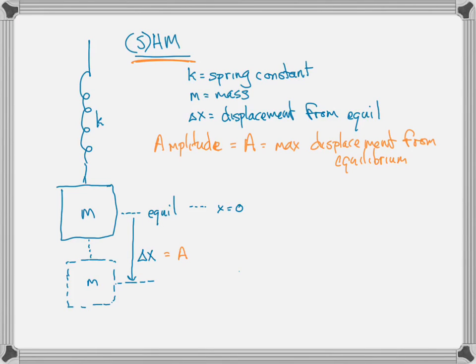So the mass is just going to move from there to the same distance above and back and forth. If there's no friction, it'll move up and down and up and down. But in between positions, here's the mass at some time, and the mass at that point has a displacement from equilibrium, which is a smaller delta x. So that's delta x at some time t, and this is delta x max, which is the amplitude.